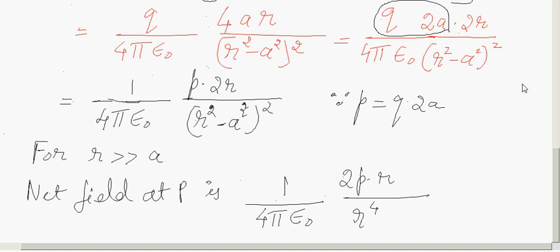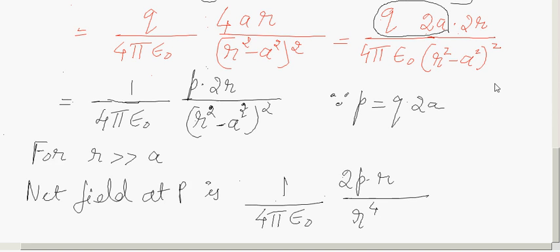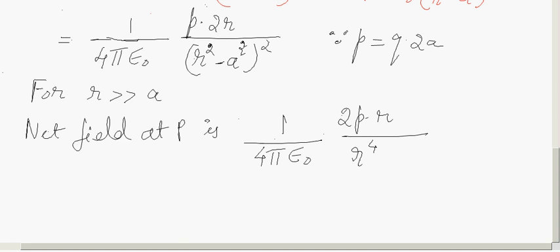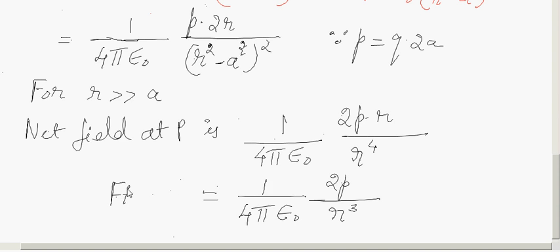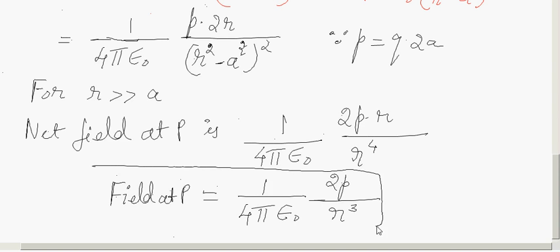Simplify this, one r will get cancelled. So the net field becomes 1 by 4 pi epsilon naught into 2p by r cube. So this is the field at P. The field at any point on the axis of a dipole is given by 1 by 4 pi epsilon naught into 2p by r cube.